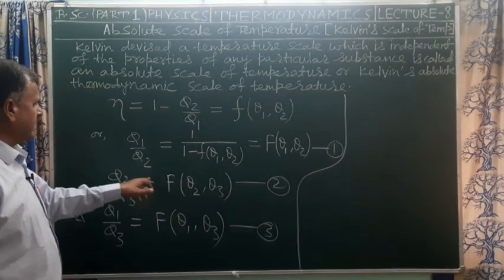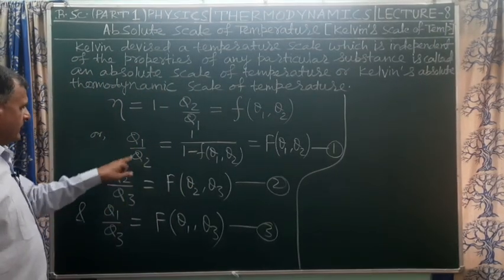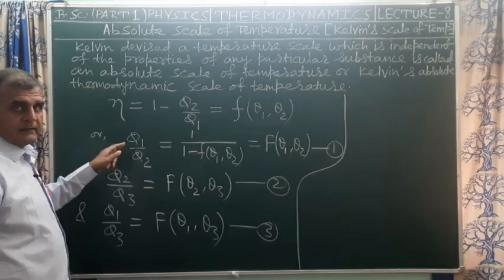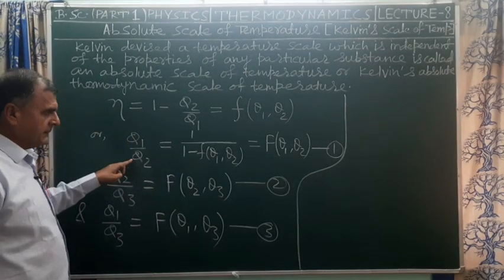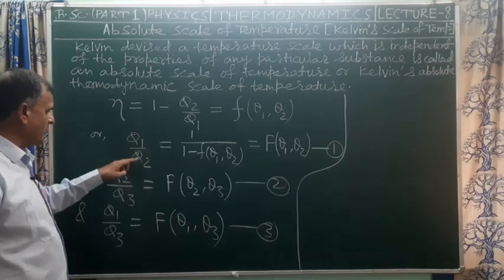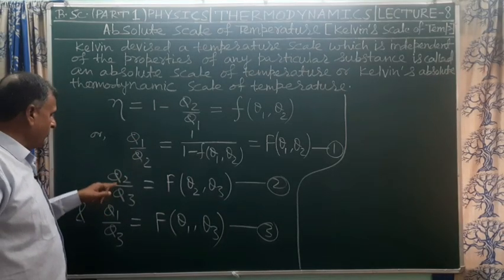Now multiplying equation 1 and 2, we can write: LHS of equation 1 is Q1 upon Q2, LHS of equation 2 is Q2 upon Q3.